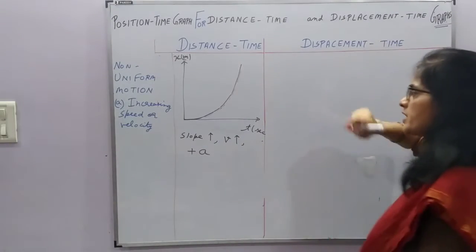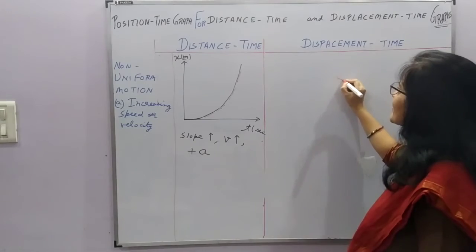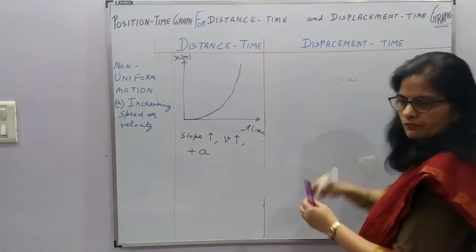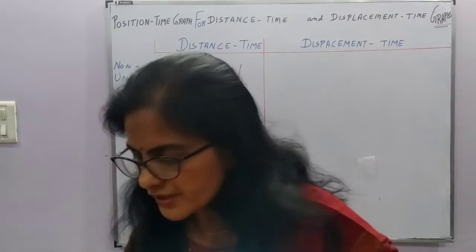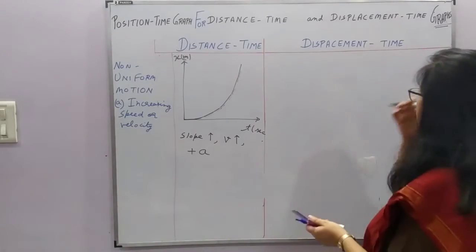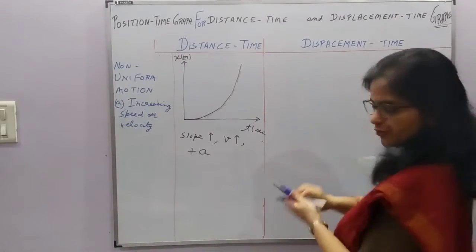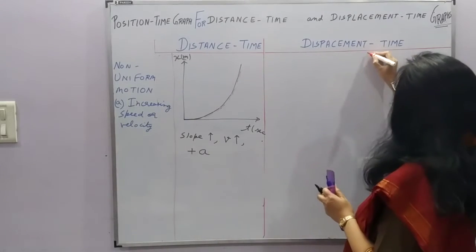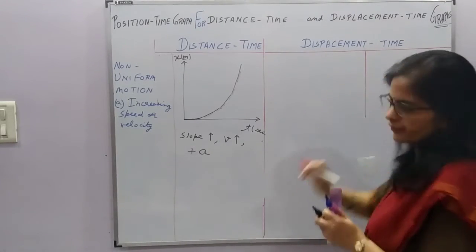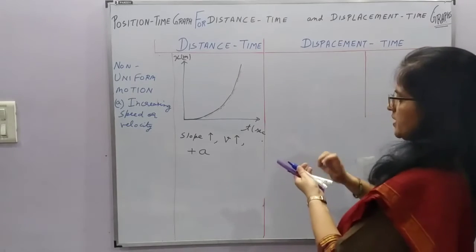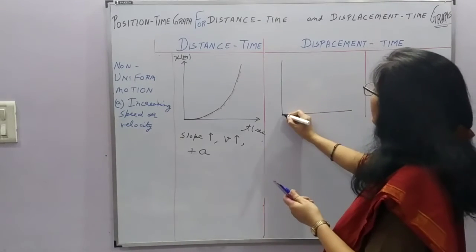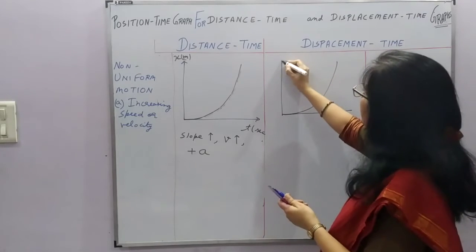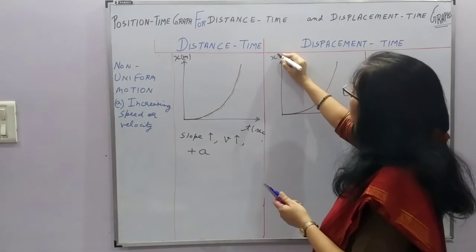This shape of displacement time graph is the same for the case when the position is increasing with time, right? So we have two cases over here. When the position is increasing with time, we have the same graph. So there is nothing difficult here.